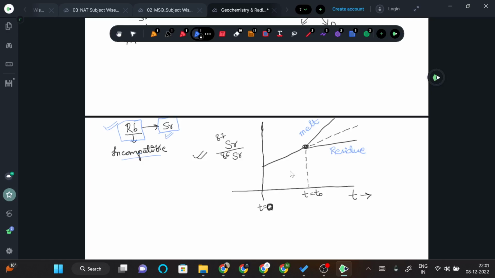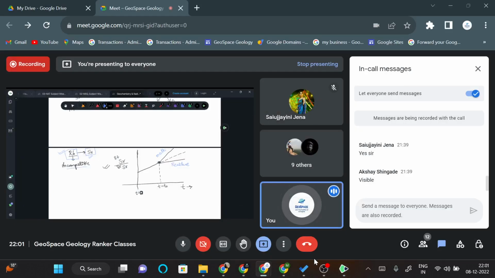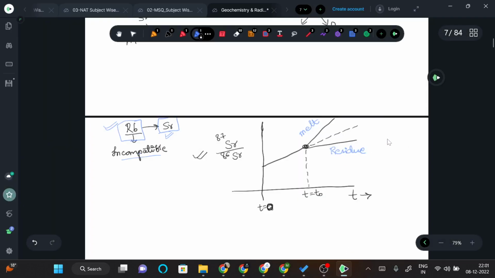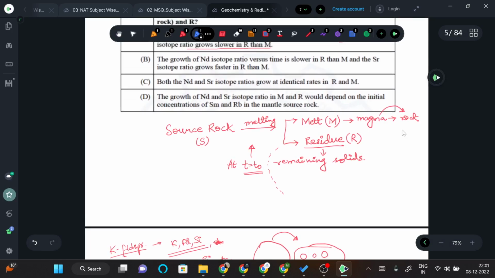Keep this in mind. What is the chance of having an incompatible element in melt or in residue? Where are the high chances? How melt and residue have come, this you need to keep in mind. So melt will be enriched with incompatible elements.